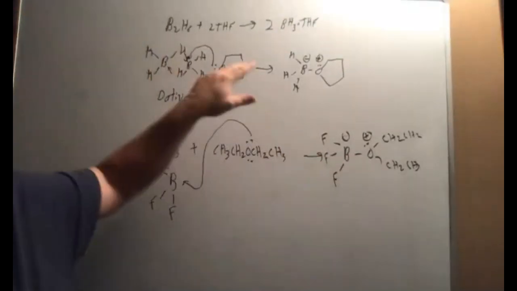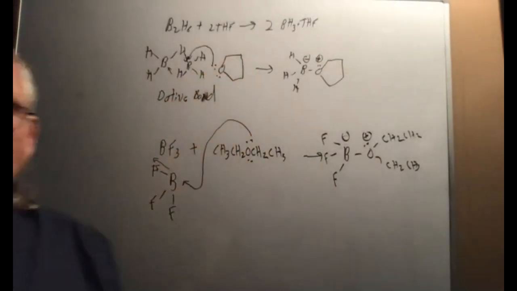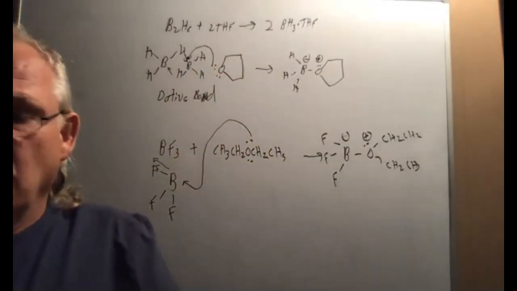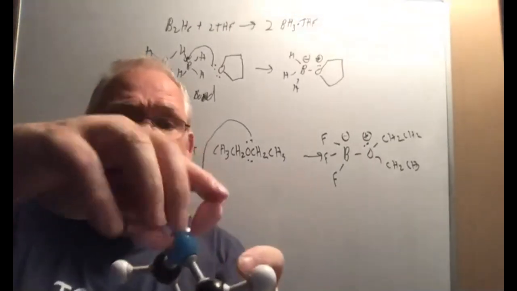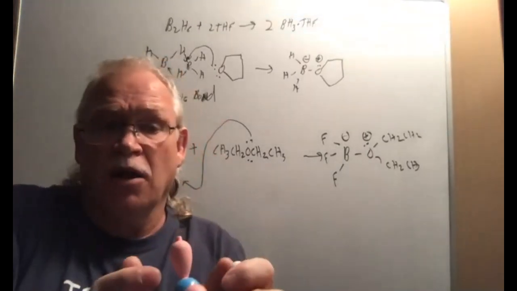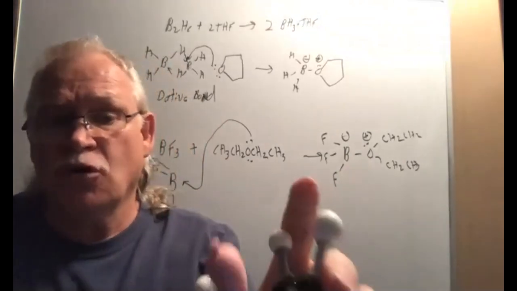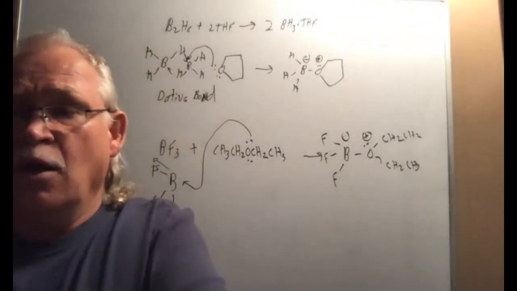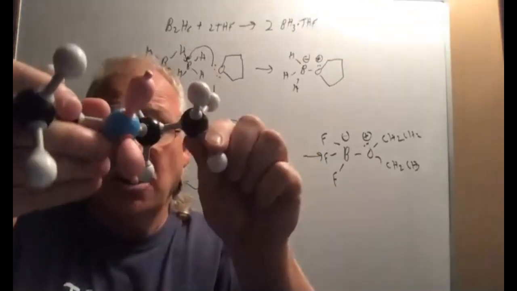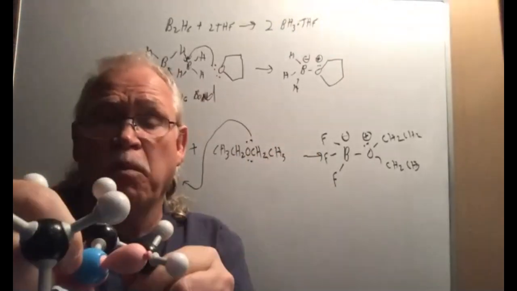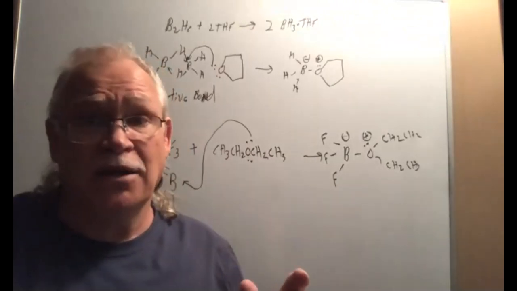But notice in this one and this one, there's really no difference until you think about the fact that these electrons cannot be blocked by the rest of the molecule. So these electrons are easily able to be donated, whereas these electrons can go into a conformation in which the electrons are blocked and therefore can't be donated.